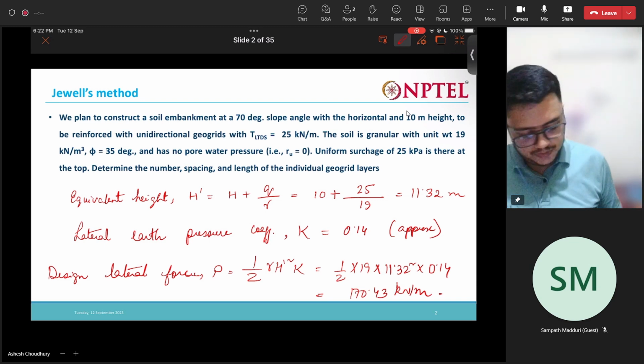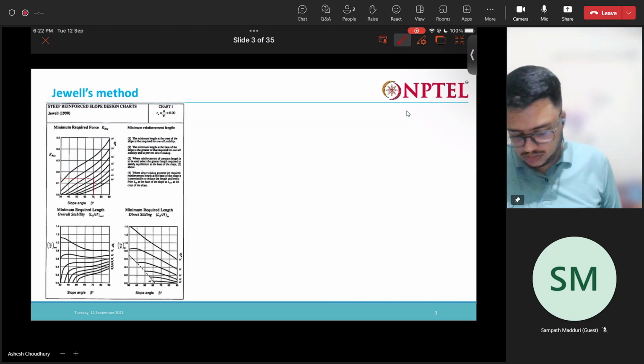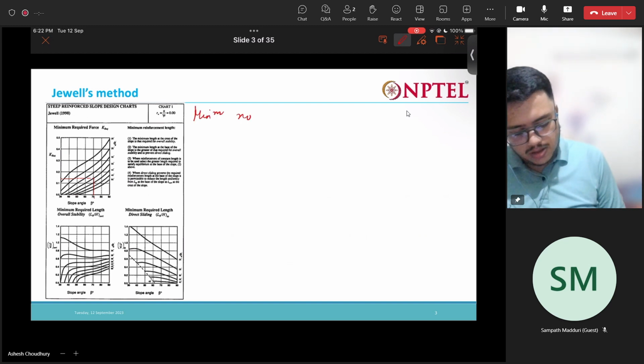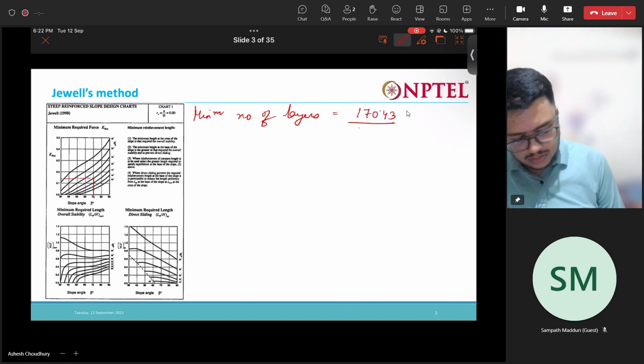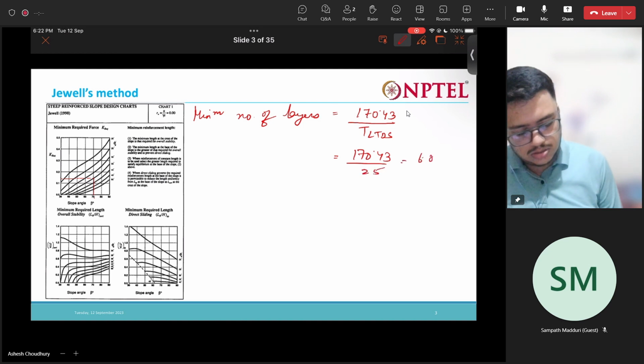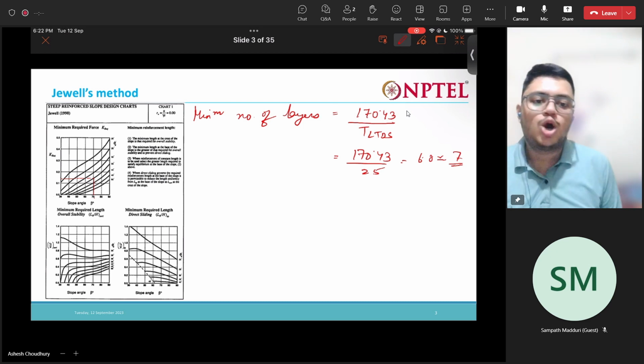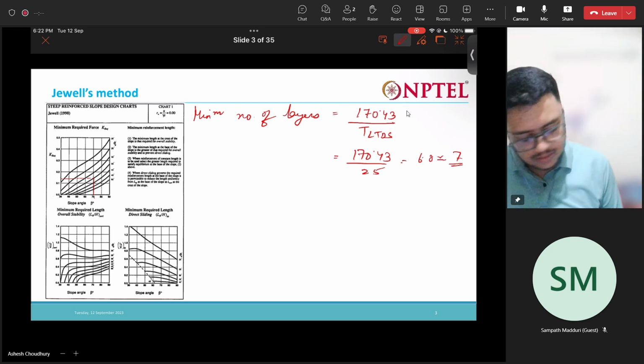So the minimum number of layers is 170.43 by 25, which is about 6.8, so 7 layers. We need a minimum of 7 layers.